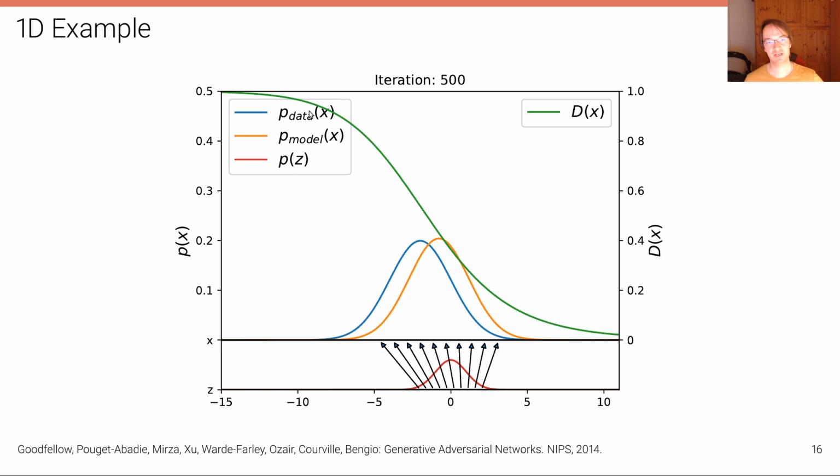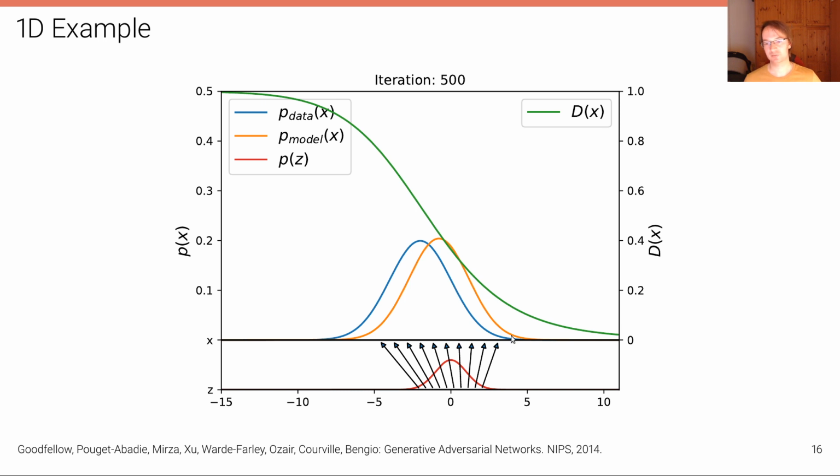We can also see how the discriminator changes. Now the discriminator, so this is the range of the discriminator between 0 and 1, tells us that all the samples from here are likely to come from the data distribution because it cannot distinguish the two. But here on the right-hand side, the samples from the model are more likely than the samples from the data distribution.